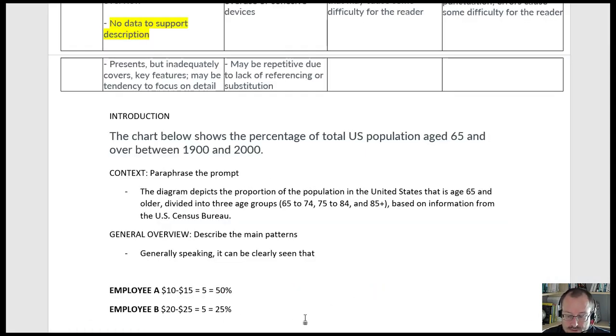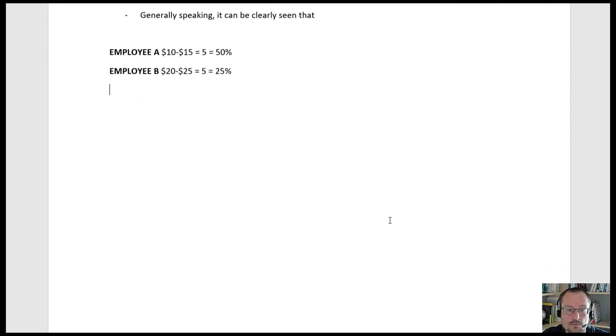Start with 65 to 74-year-olds. They went from 2.9% of the population to 6.5% of the population. This is a 3.6 percentage point increase.